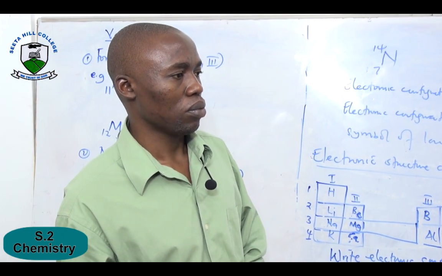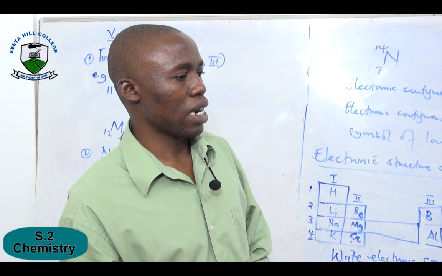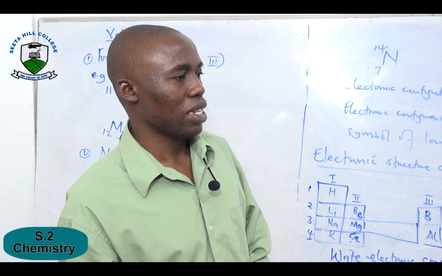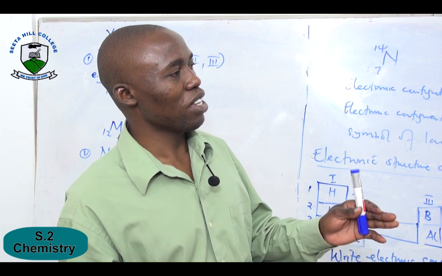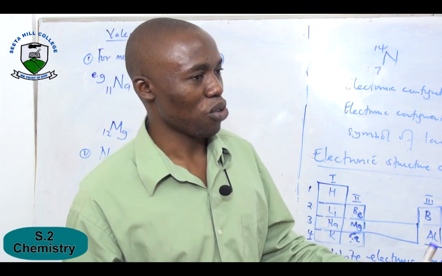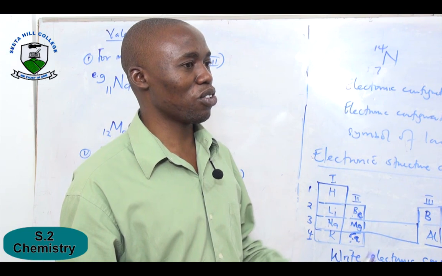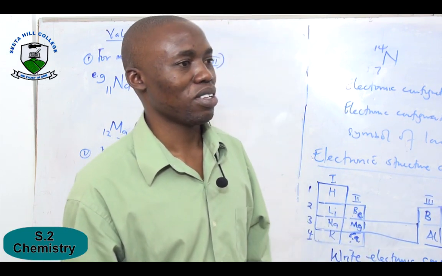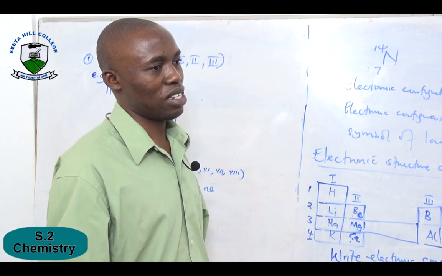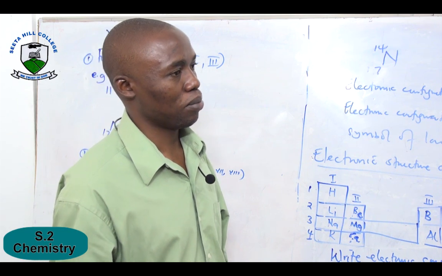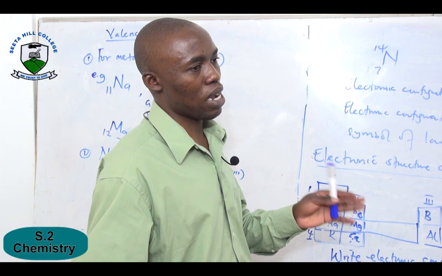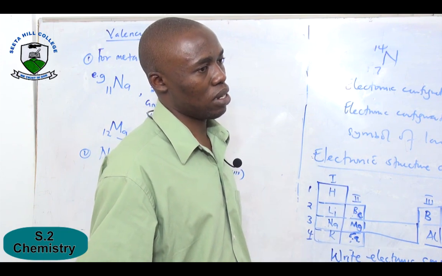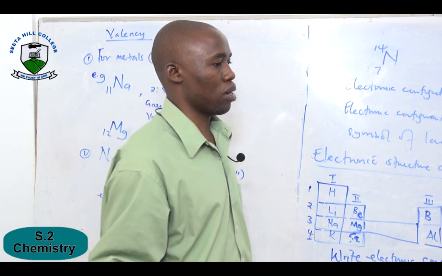That means they can do both. Their valence would be direct, because even if you take 4, it will be 4. If you say 8 minus 4, it will still be 4. So that means their valence is the group number also. Clear? Yeah, the group number.